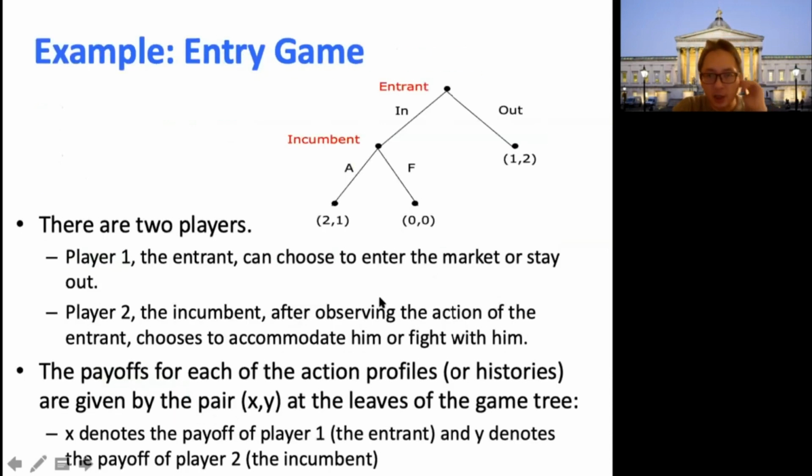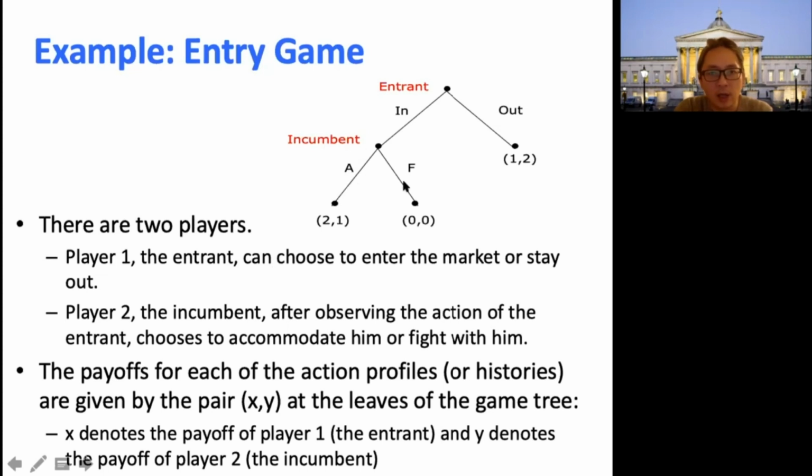So here is an example where you've got two players, right? You start with one of the players deciding whether they want in the market or not in the market. And then once this is decided, the second player decides, conditional on the play from player one, whether they want to fight each other or work together.